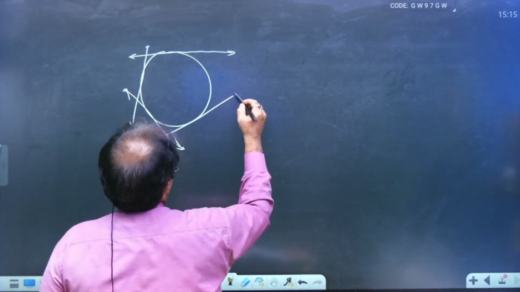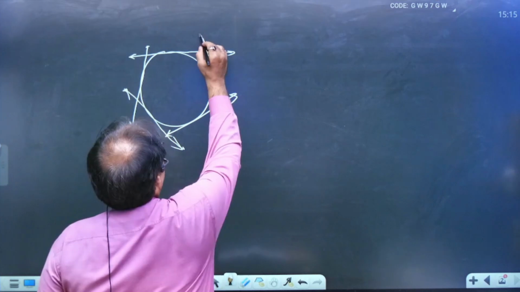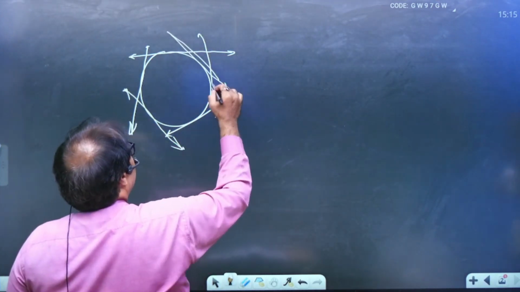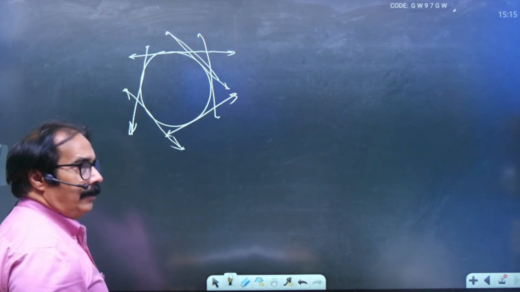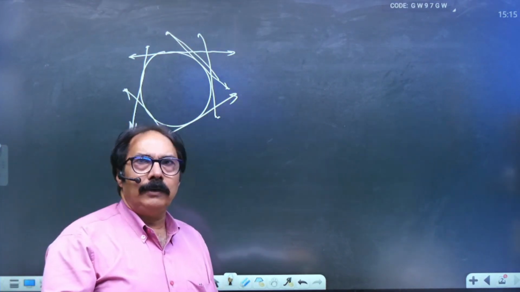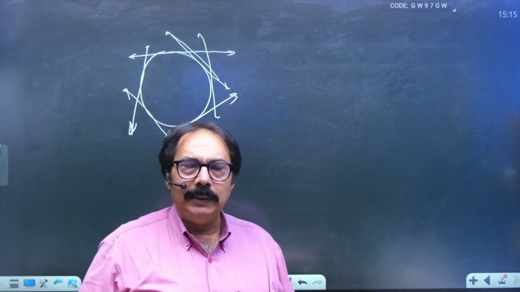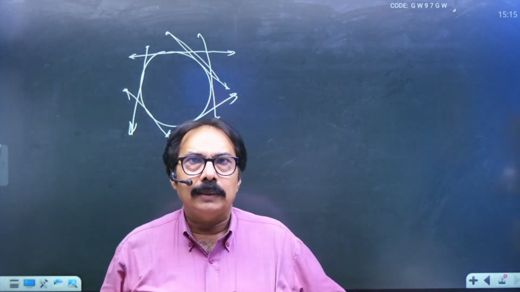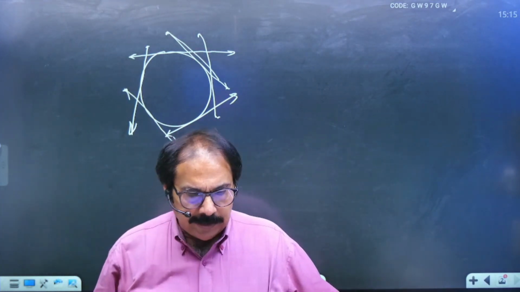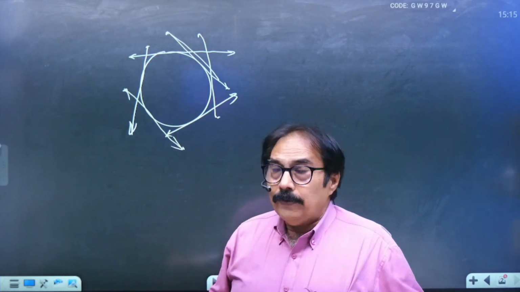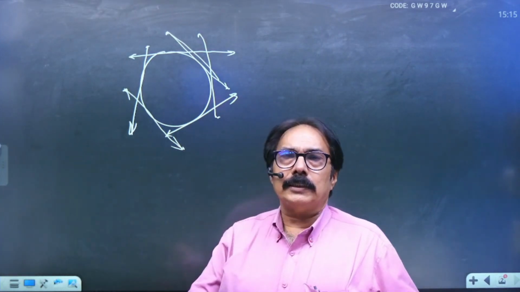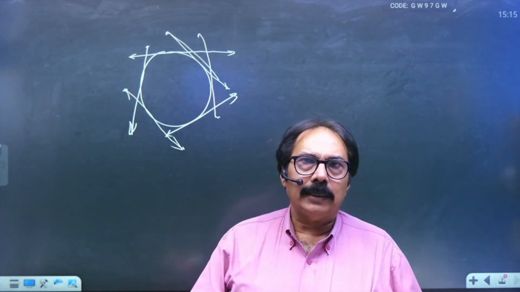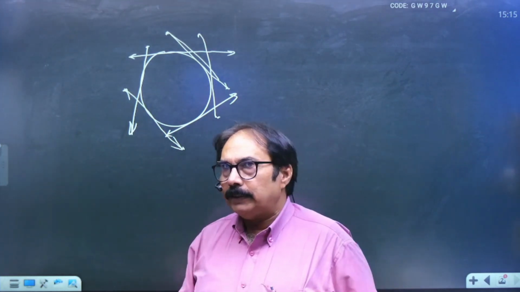So we can draw infinitely many tangents on a circle. If the question asks how many tangents a circle has, then our answer is a circle has infinitely many tangents.